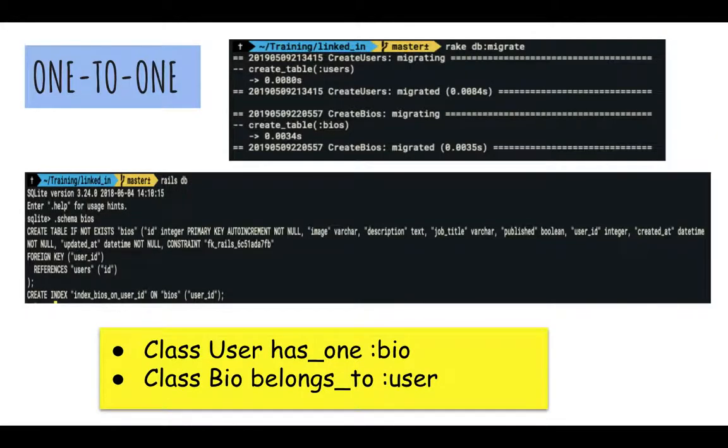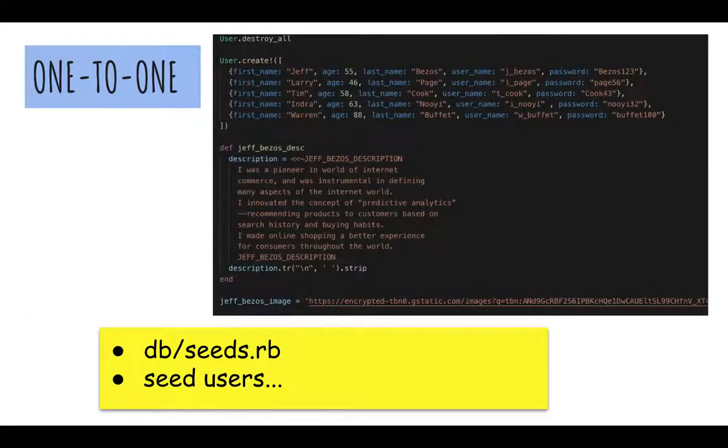So we've run rails db:migrate, and we can look in our database and see the SQL that has been created for the bios within our schema table. We can then add data to our tables with our seeds.rb.